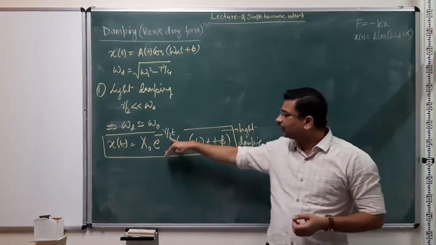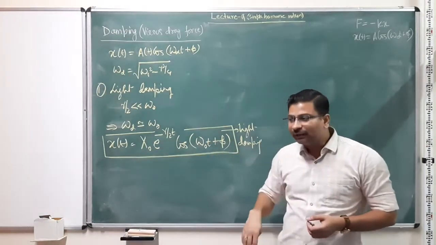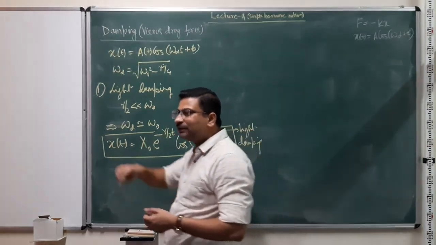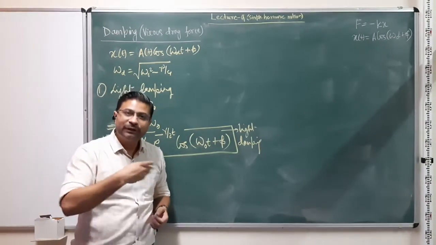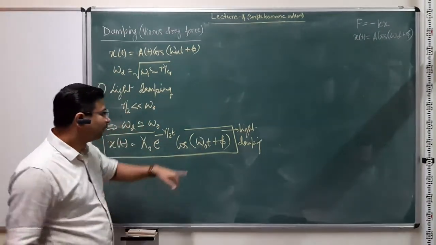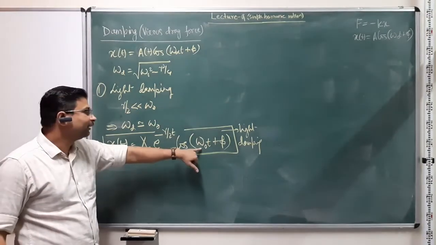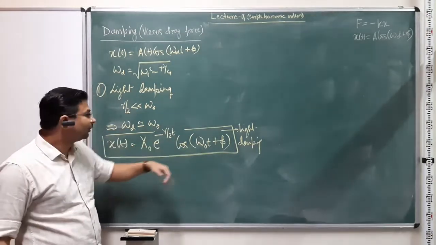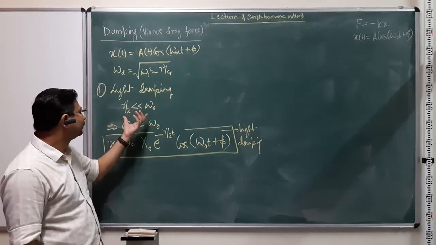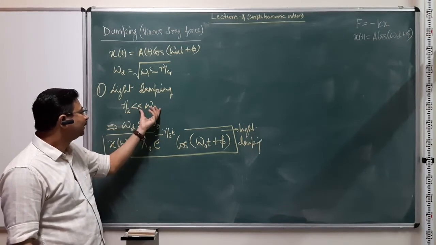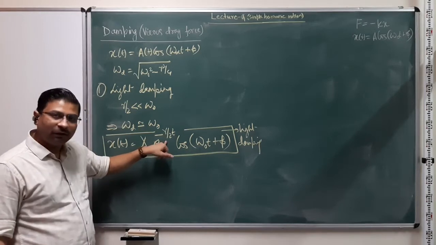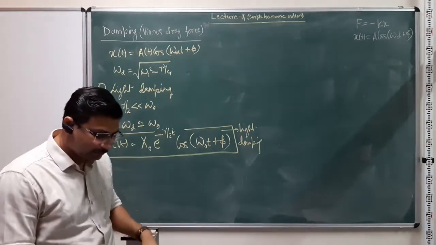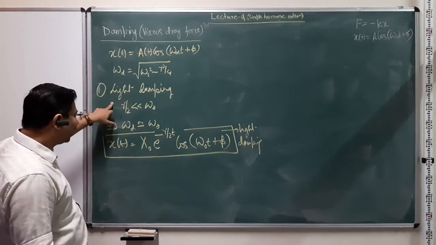However, we want that drag to be much smaller so that, let's say, once you have wound this spring or once you have given it oscillation, at least for a day it should keep on making the same time. Making the same time meaning it should oscillate with the same frequency, right? So if the damping is much smaller compared to this characteristic frequency, then we can still achieve that with the loss of the amplitude to a certain extent. So this is called light damping.